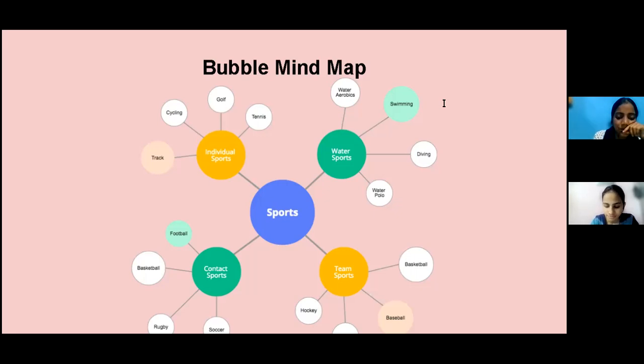If you have any doubts or questions, you may ask, and think about what sort of mind map we can use for what type. I'm not saying that every class you use a mind map, but if you are using it for recap or something like that, it is better, so that we can show them and encourage them.